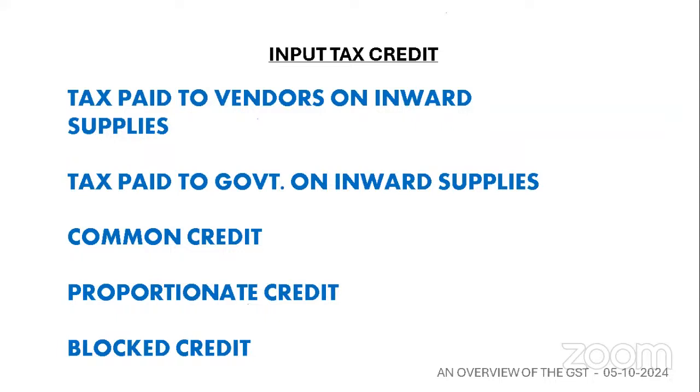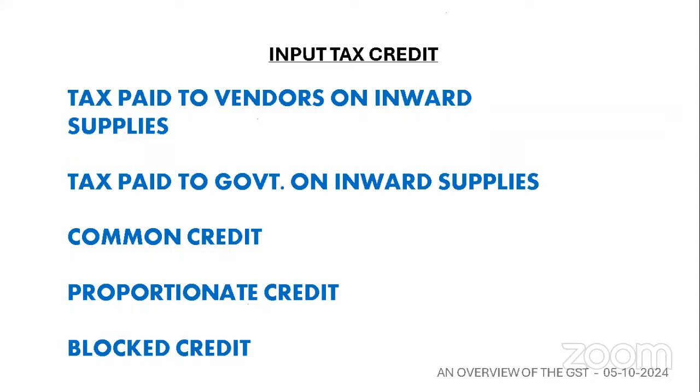I will give you two examples. I am a person who is dealing in televisions. My business is to purchase the televisions and sell the televisions. Now, when I purchase the television, I will pay GST to the vendor. When I sell the television, I will pay GST to the government.